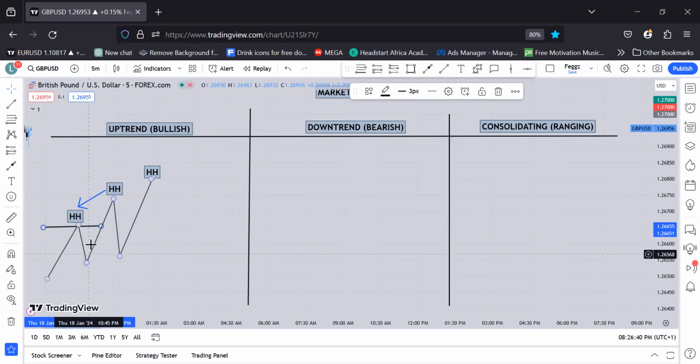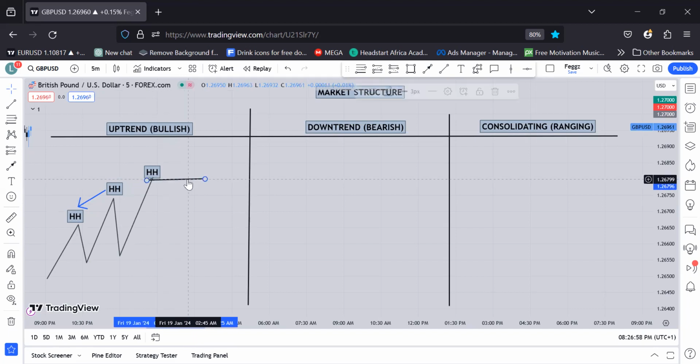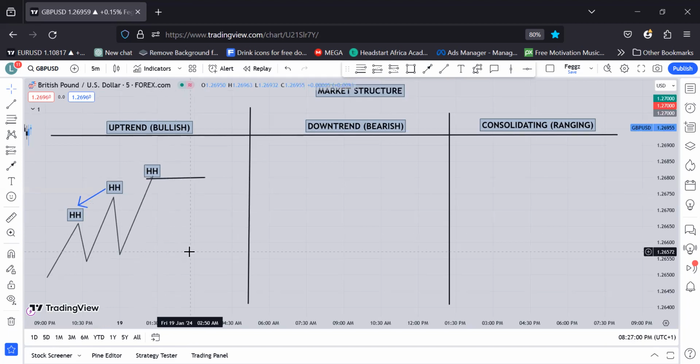The moment the market broke through this line, this next place became the next higher high. So that is one way to identify if the market is in an uptrend.